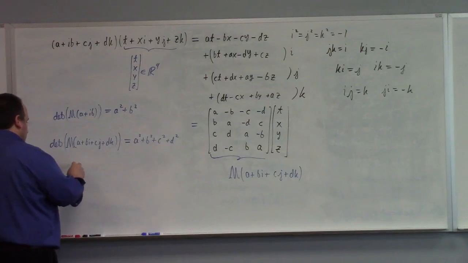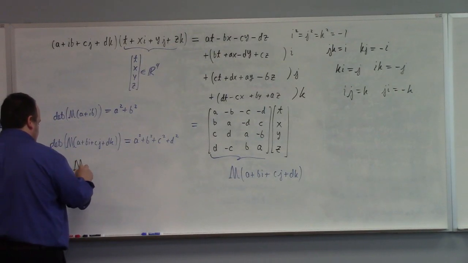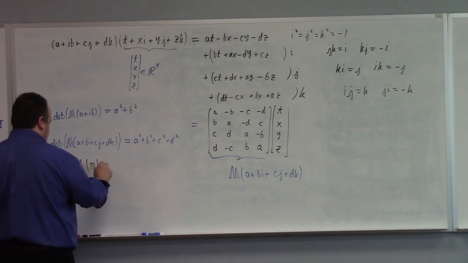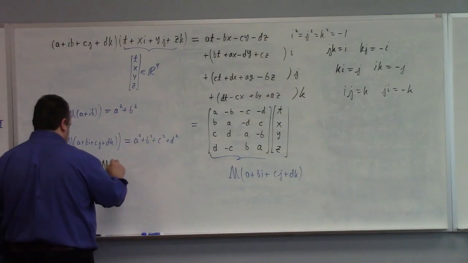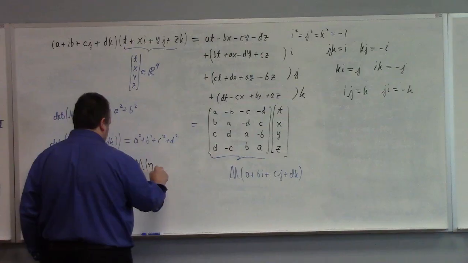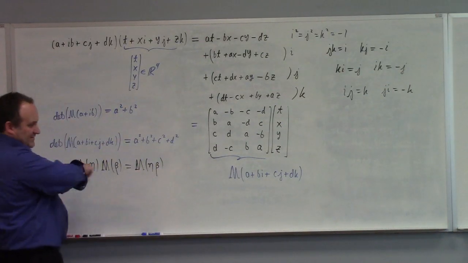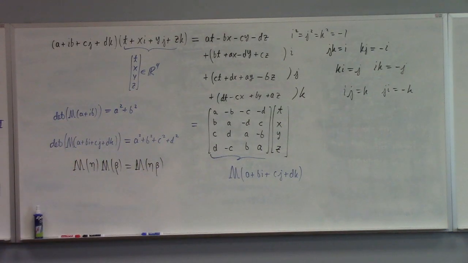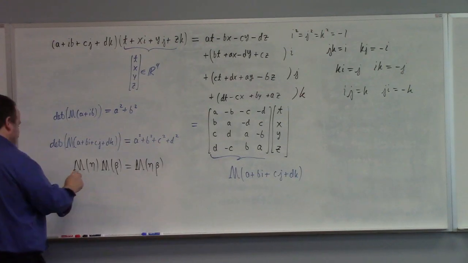And by the way, you could prove that the matrix of a quaternion, say eta, times the matrix of a quaternion, say beta, is the matrix of eta times beta. This is also a property of the quaternion map. So what does that mean if you take the determinant of this?